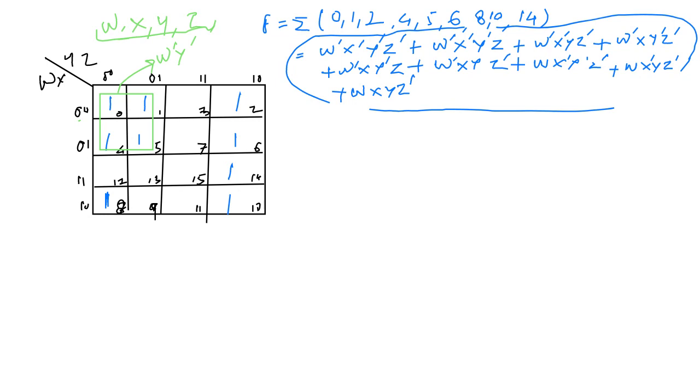Now what will we take? We'll take these four. Regarding wx, all four rows are there: 0 0 is there, 0 1 is there, 1 1 is there, 1 0 is there. So we'll neglect wx, all of them. I will use another color. Just a minute.